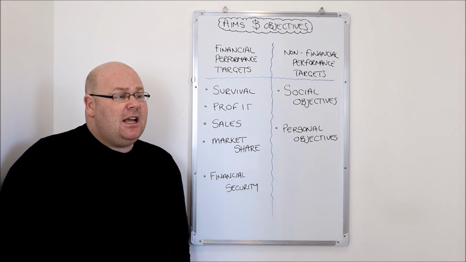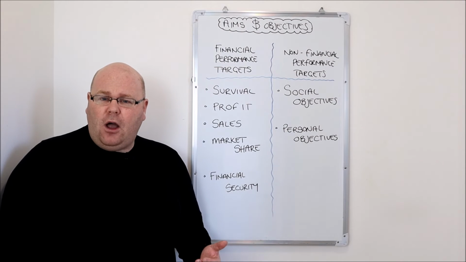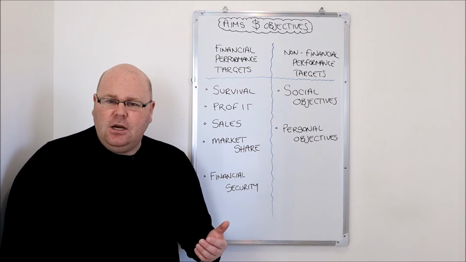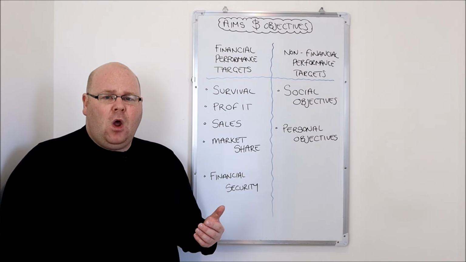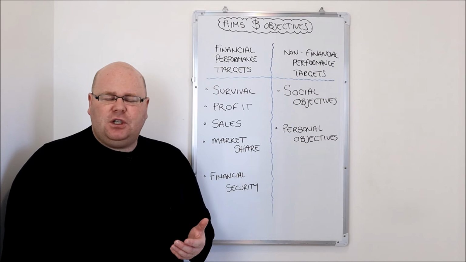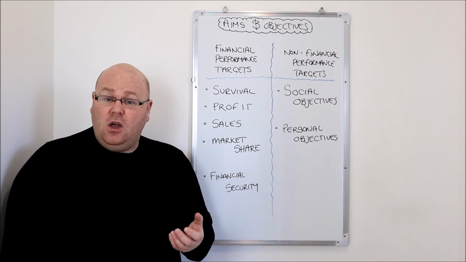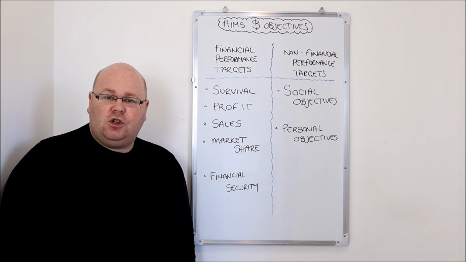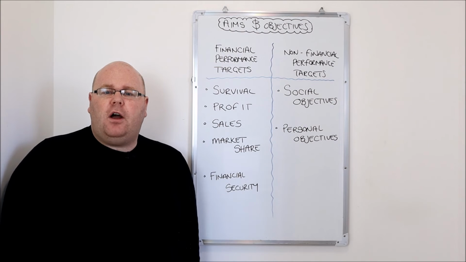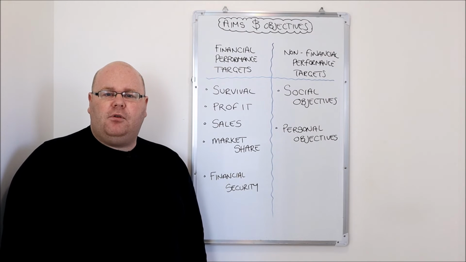So they might set themselves objectives to do with their own working life, to do with grabbing greater independence over their working life, or to have greater control over decision making on what goes on in their organisation. So for smaller businesses, there's also these personal goals that they might be striving towards alongside perhaps trying to survive or trying to make a certain level of profit.